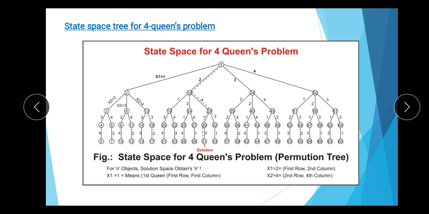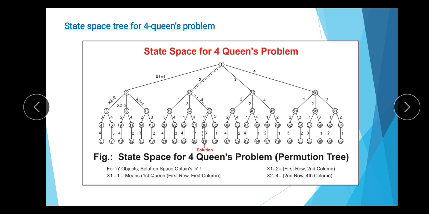Similarly, if we place the third queen on the third row, third column, then the only choice remaining for the fourth queen is the fourth column. In this way we have to place the queens and draw the state space tree for the 4 queens problem, and this tree is nothing but a permutations tree.